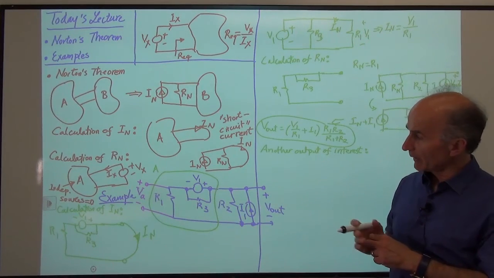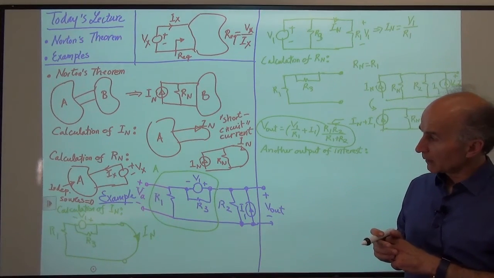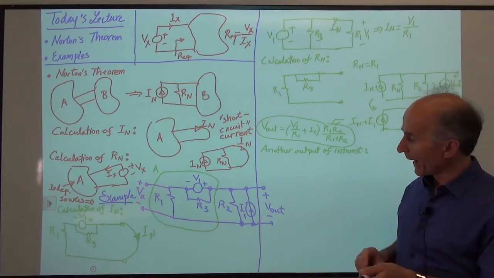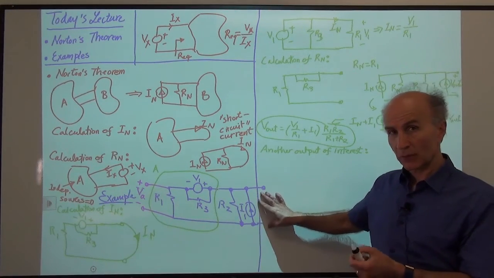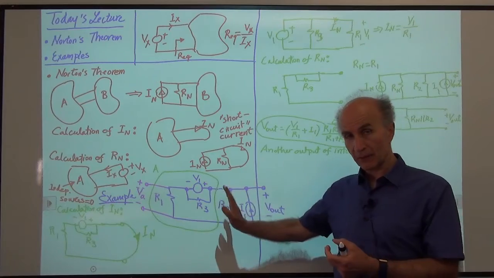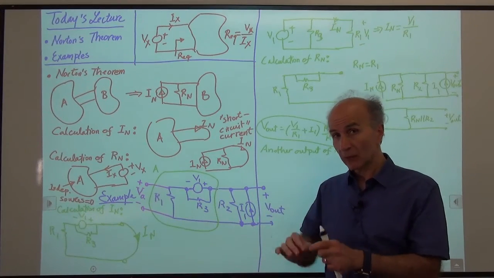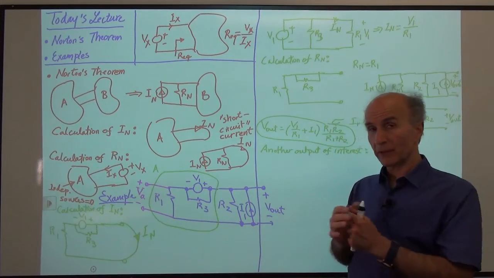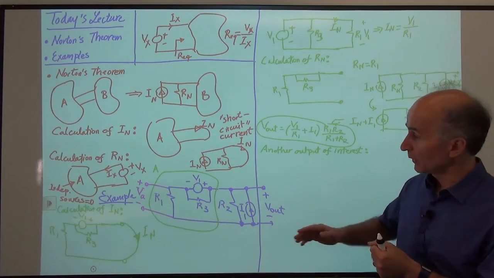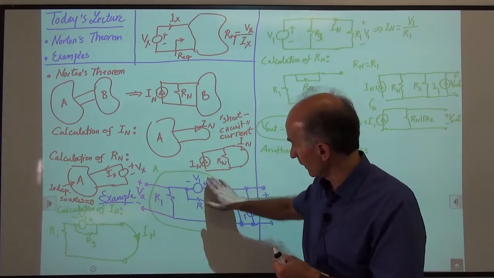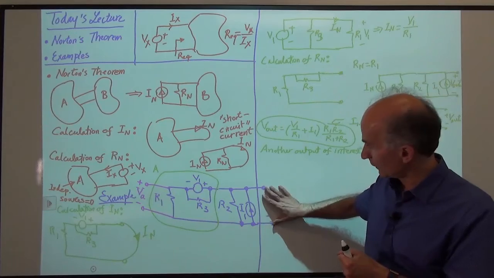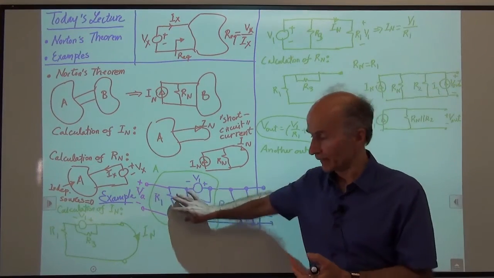As you have noticed by now, we try to go back from wherever our quantity of interest is and try to simplify certain parts without losing the quantity of interest. So when we called this section A, the quantity of interest was not lost. It was not inside here.